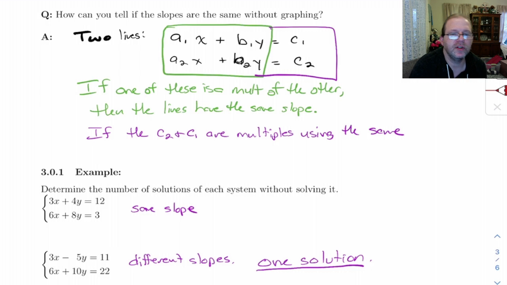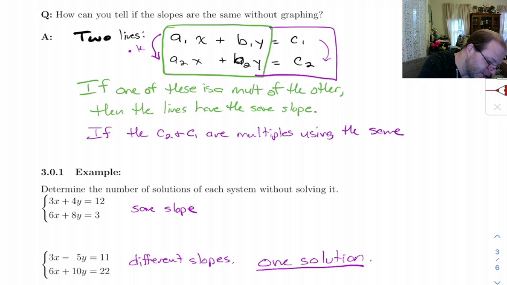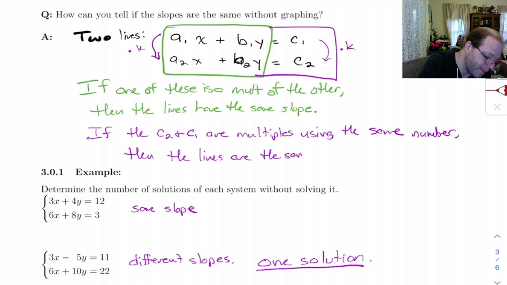If we can use the same number, let's say this is multiplied by some number k, and this is multiplied by that same k, they're multiplied using the same number, then the lines are the same.